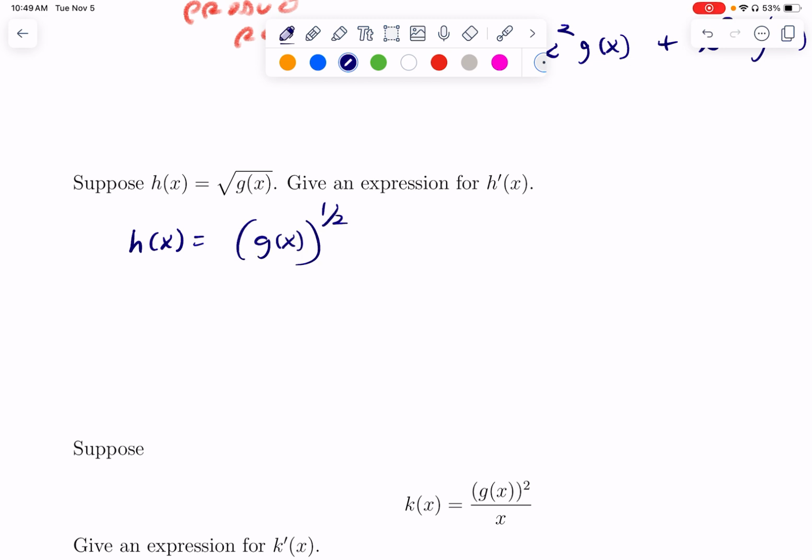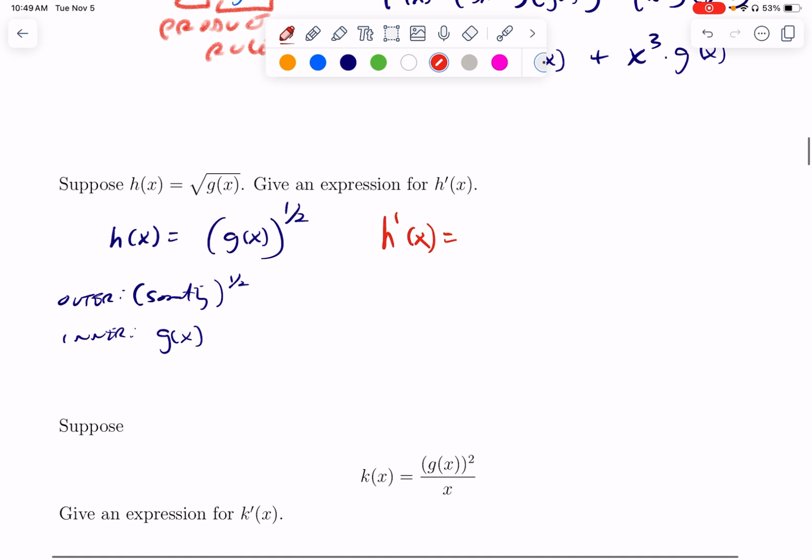So here we can take the derivative using the chain rule. My outer function is something to the 1/2. And my inner function is the function that is simply named g of x. So chain rule says it's outer derivative times inner derivative.